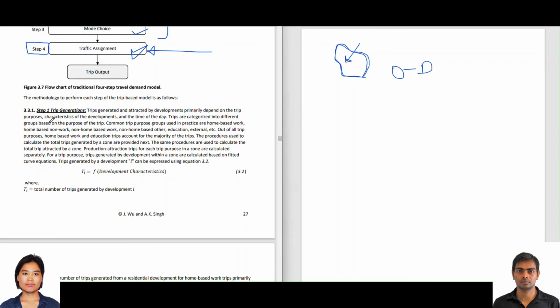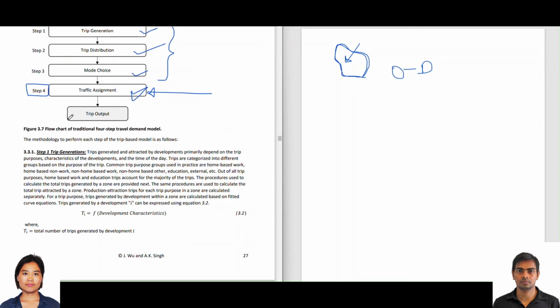So let's look at the first step of the 4-step travel demand model, which is trip generation. Trips generated and attracted by developments primarily depend on trip purpose, characteristics of the development, and time of the day.